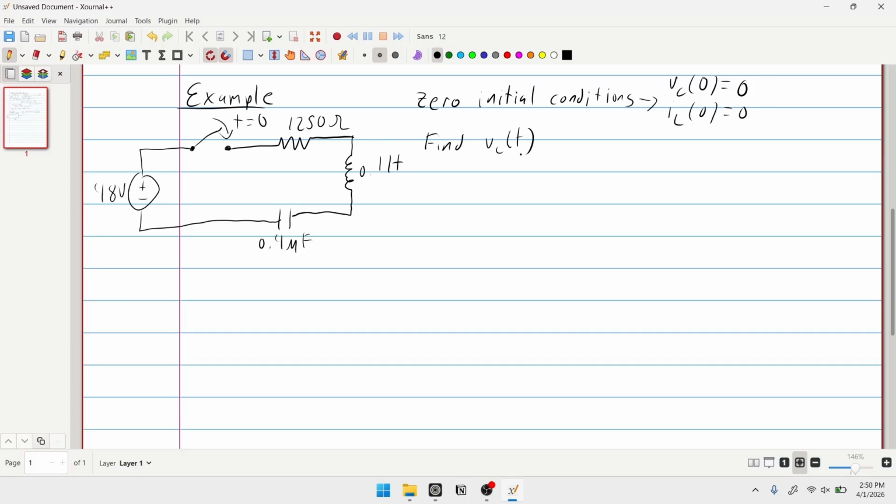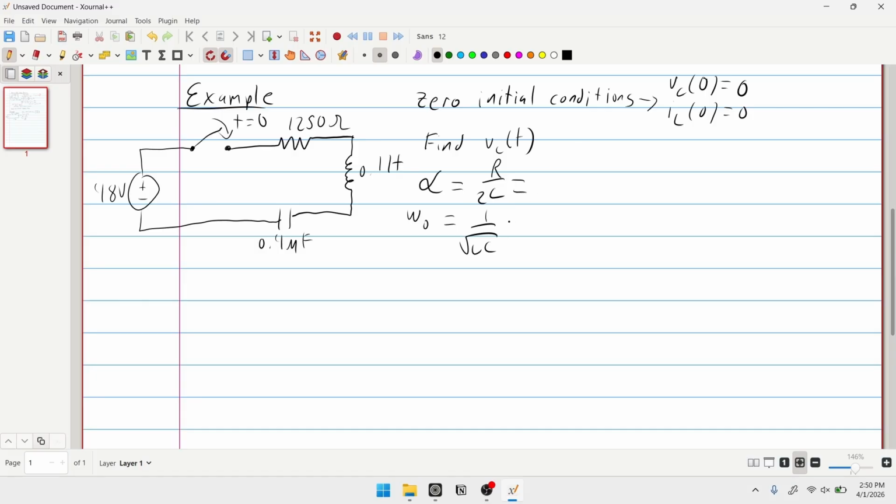Let's start by analyzing our parameters, alpha and omega naught. As we saw in our governing equation, alpha is R over 2L, and omega naught is 1 over the square root of LC.